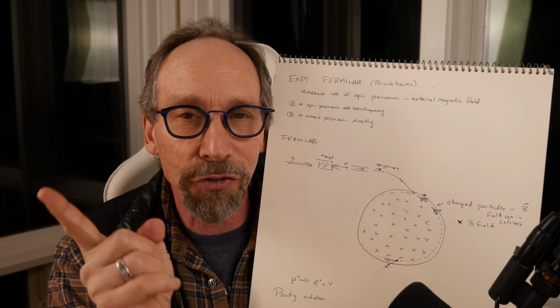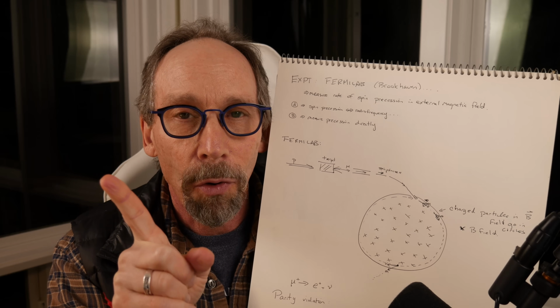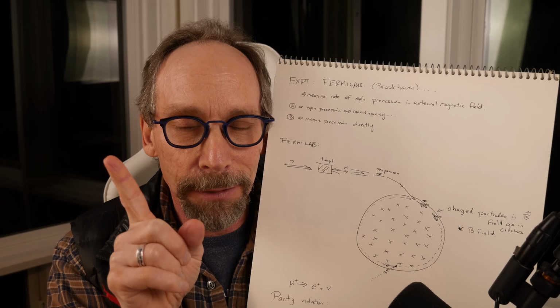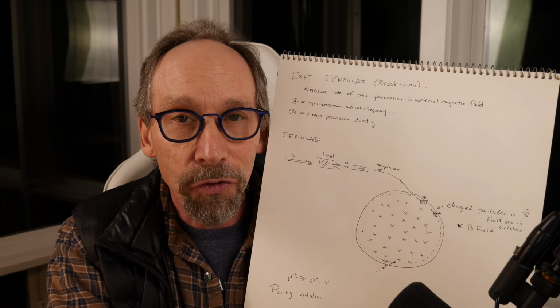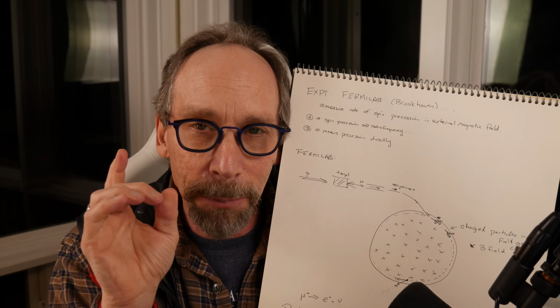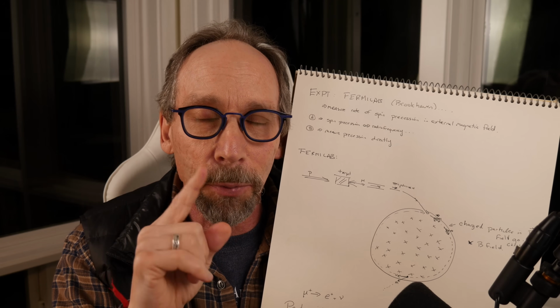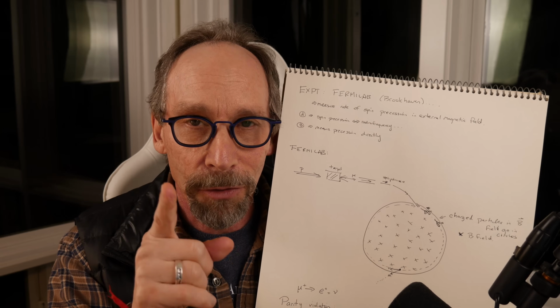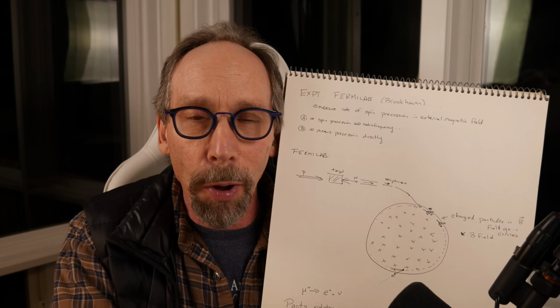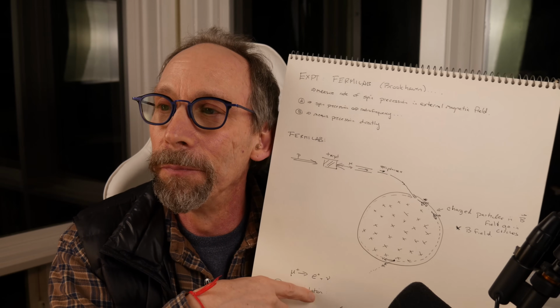And the rate of precession is proportional to the magnitude of the magnetic moment times the magnitude of the magnetic field you're applying. So to make such a measurement, you have to have a well-known magnetic field that you can calibrate precisely, and then you have to be able to measure the spin precession frequency accurately. And if you can do both those things to an accuracy of 1 part in a billion, then you're golden.